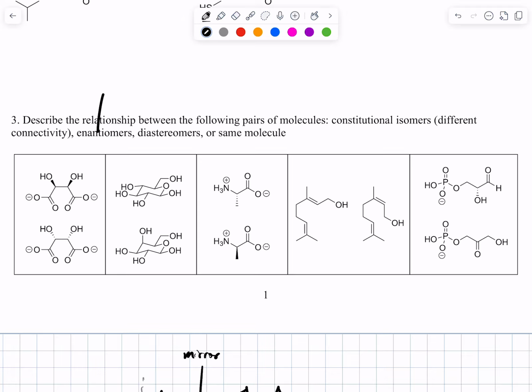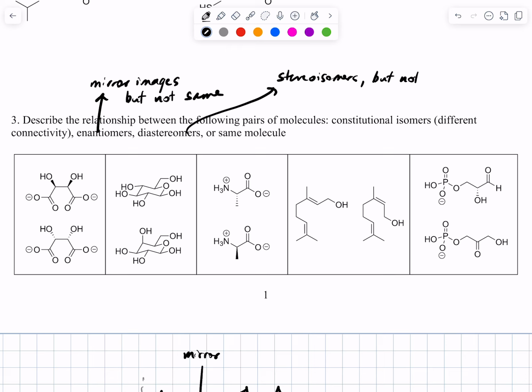To help you on definitions, remember enantiomers are mirror images, but are not the same. Diastereomers are stereoisomers, but not mirror images, or that is not enantiomers.